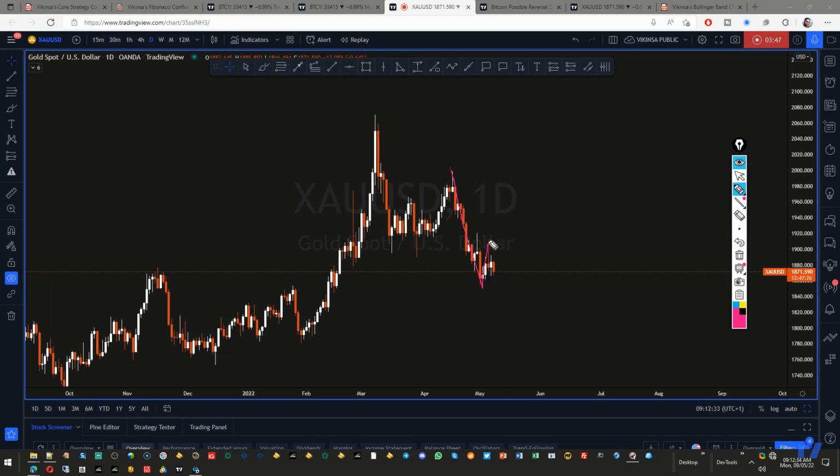So this is a shallow correction, and if the market breaks through this level here, the previous structure level, then it will probably create a larger impulse. So that's why the gold can actually fall down to somewhere around here, creating an extended M pattern. So normal pattern would have stopped here, but this can go to an extended one.